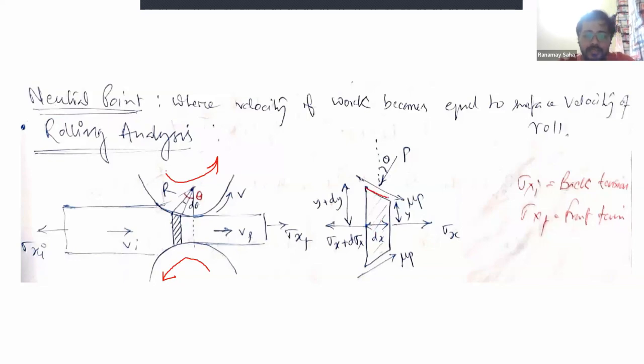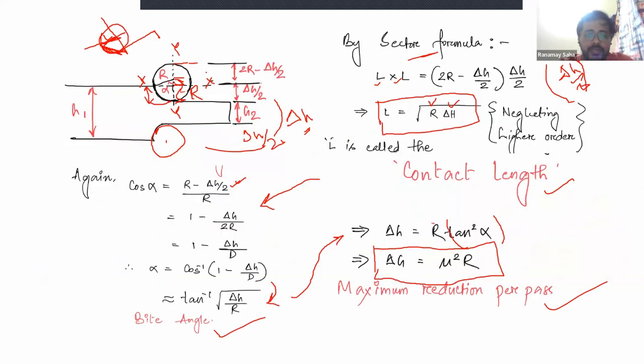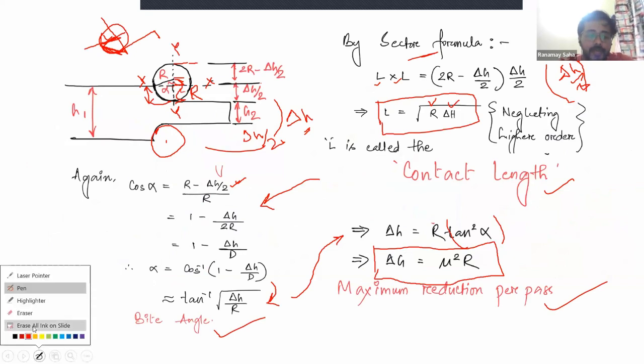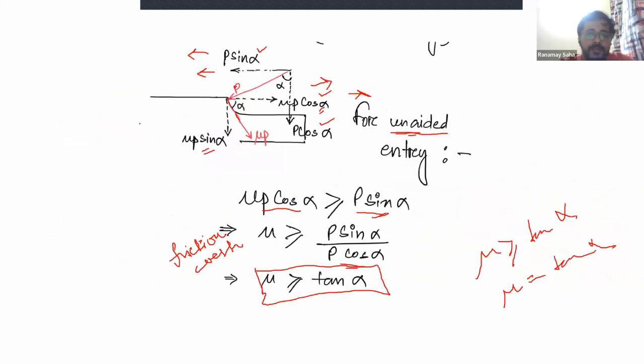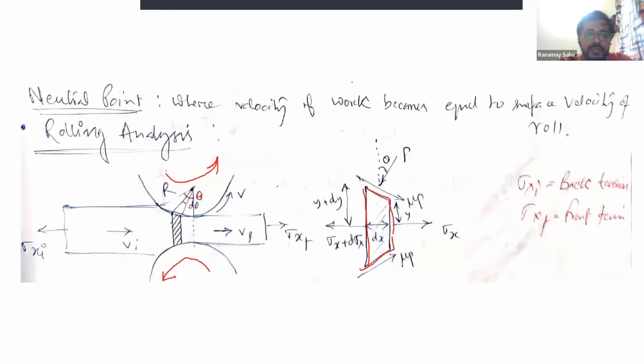So let this be the strip of thickness dx, and then you have a normal force P, just similar to the last one. So here you have this normal force P acting at the interface. We have taken out the strip.